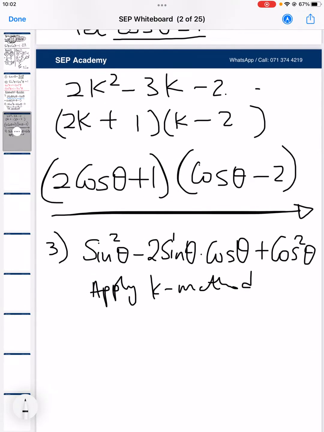So how will the K method work in this case?